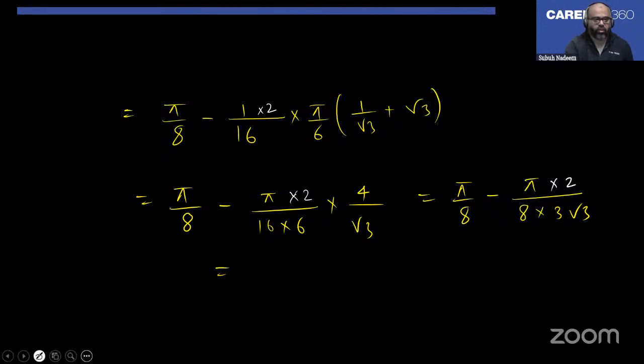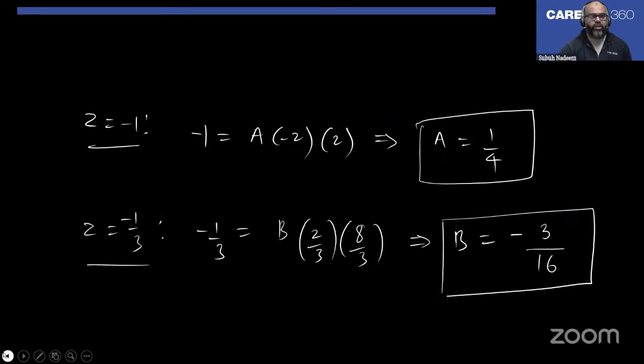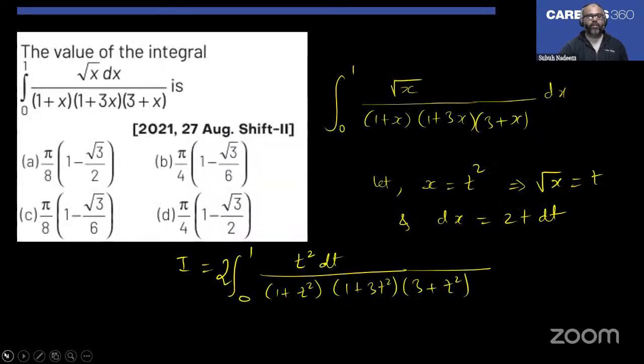So if we see the option, we can get pi by 8 minus 1 minus root 3 by 2. Let us see the calculation once. Maybe there may be some mistake.